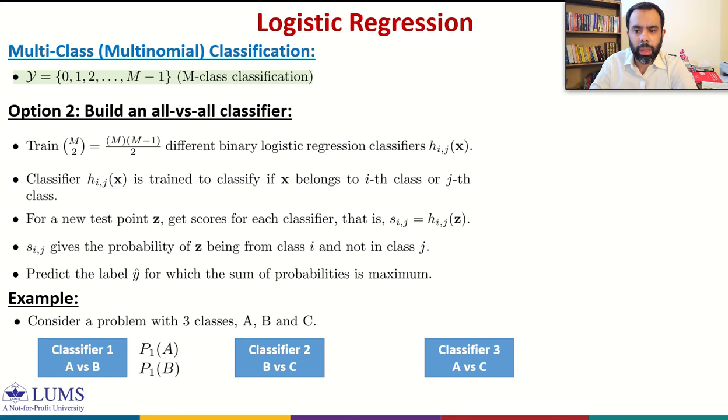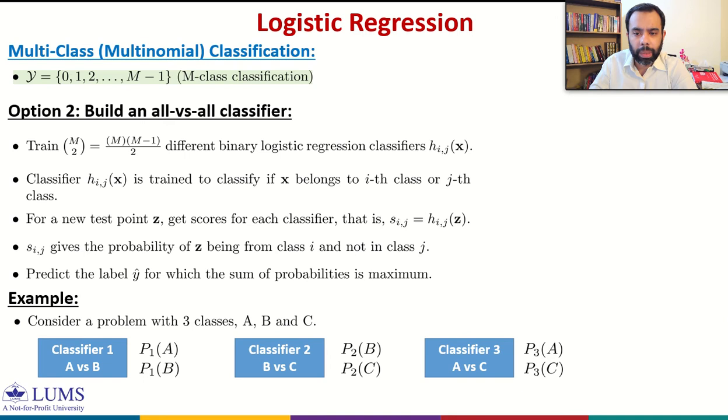So we get P1A and P1B. Classifier 2 similarly gives probability of b and probability of c. Classifier 3 gives us the probability of the label being a and of the label being c. And we know that P1B is equal to 1 minus P1A, because we have a binary classifier.